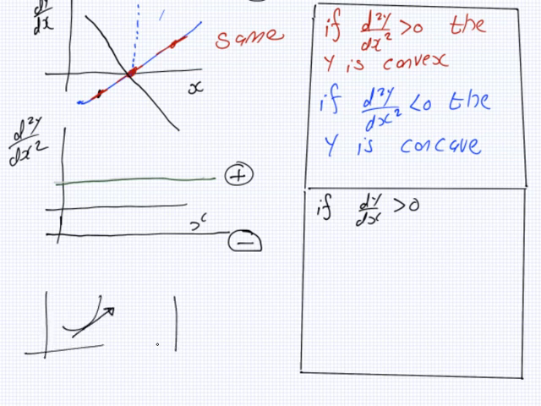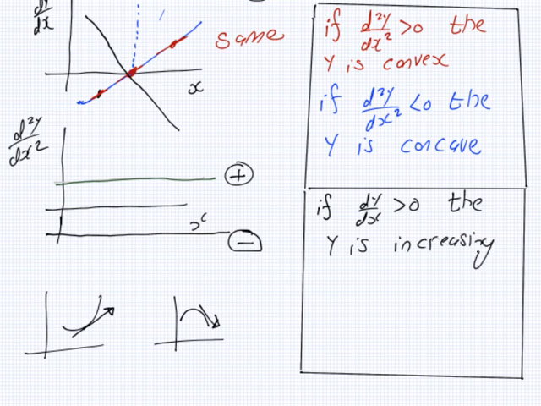And if it was negative, the slope of the tangent is negative, which is like this. So if it's positive, then it means y is increasing, because the slope is positive. But you knew this already, it's going up.